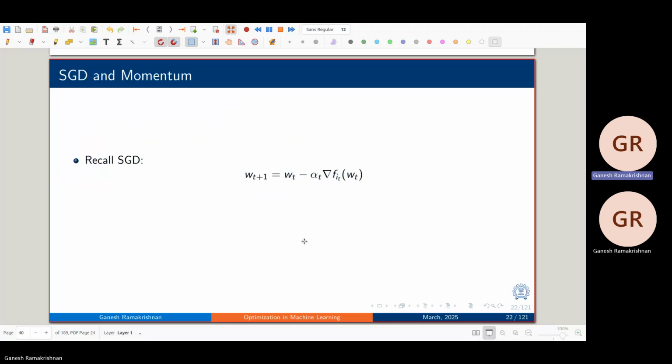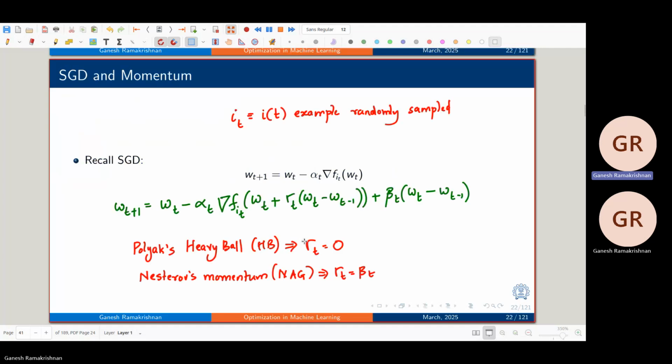What will you do to bring in momentum? You'll have to have a vector v and decide whether to use a vector v also within the gradient, right? So we'll give a generalized flavor and hope you can connect to the generalization.